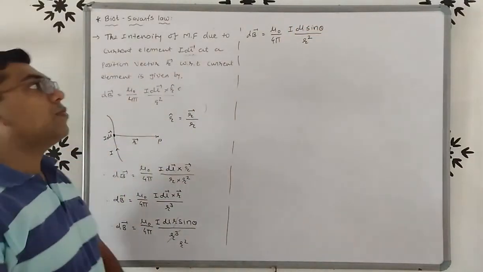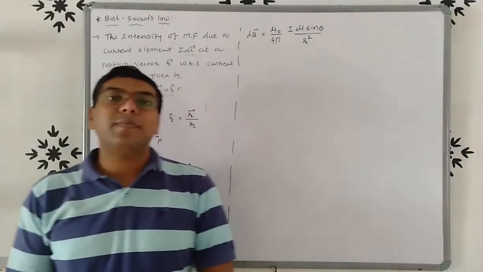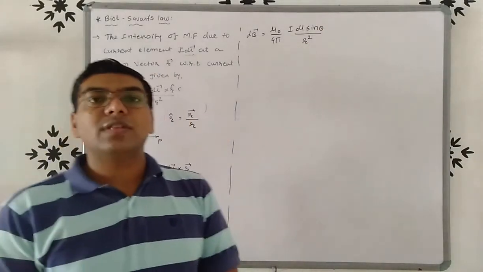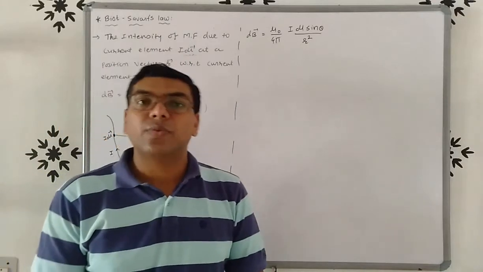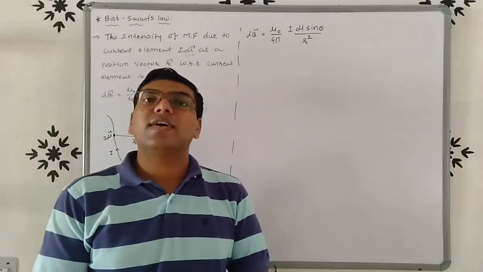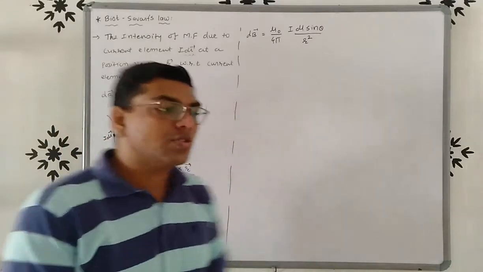Now if we want to write the maximum value of magnetic field, we know that the maximum value of sine is 1, that is sin 90 is equal to 1.